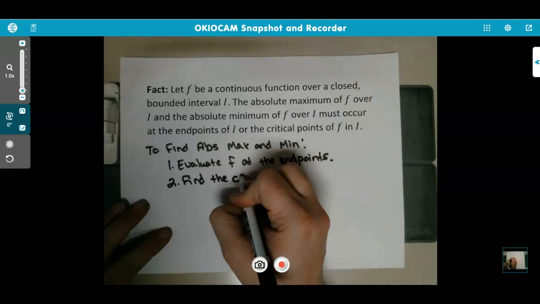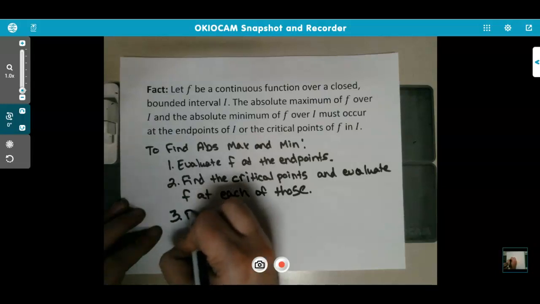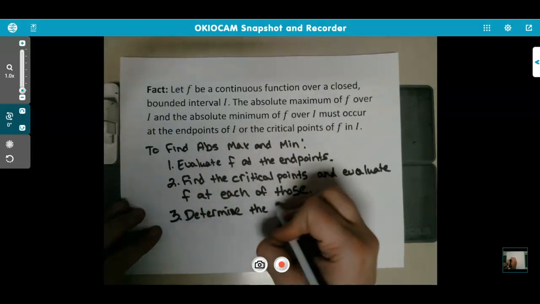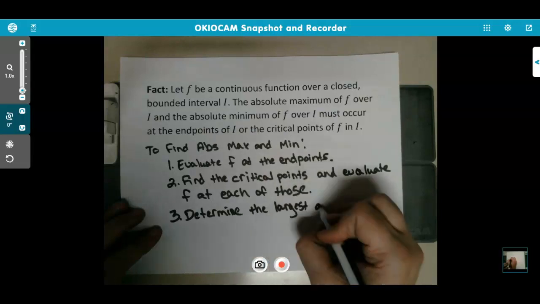And evaluate f at each of those. Once I do that, I pick the largest and smallest between all of that. Let's look at some examples of doing that.